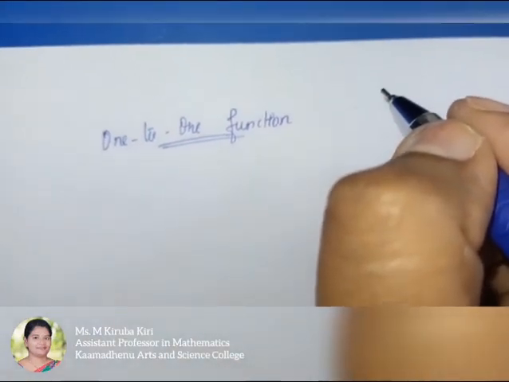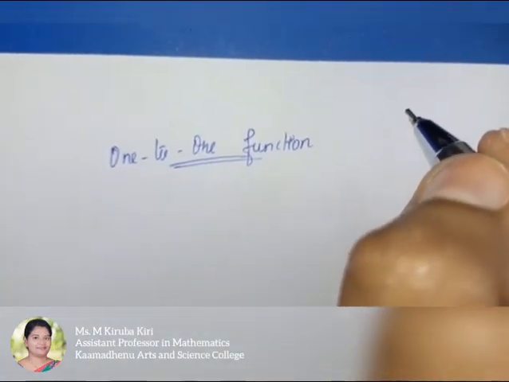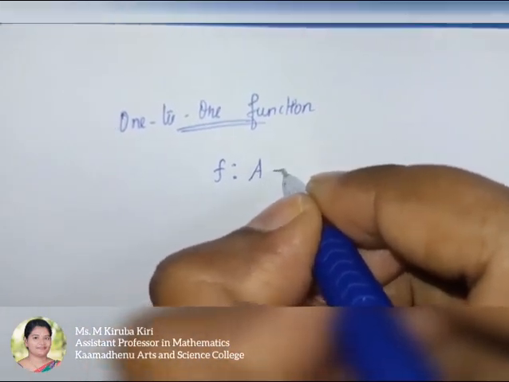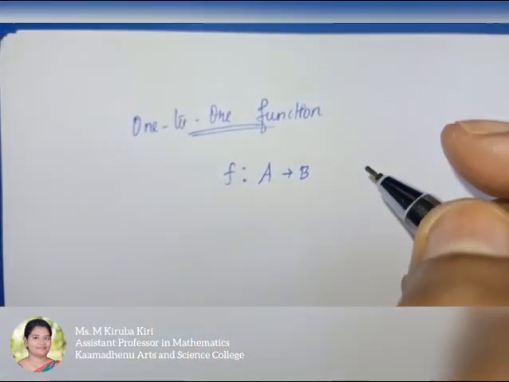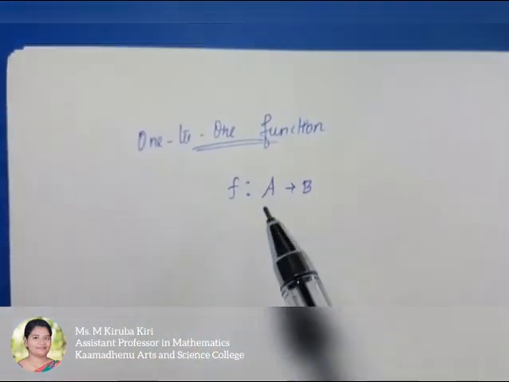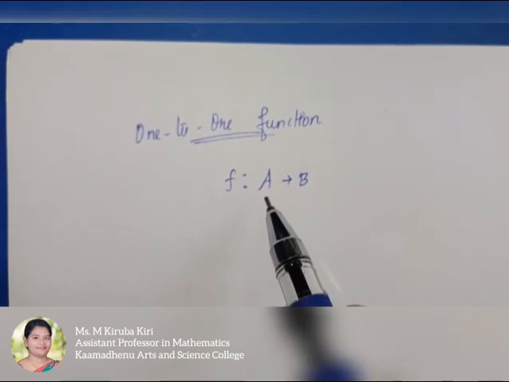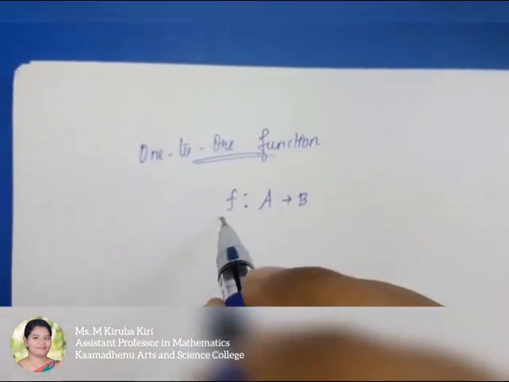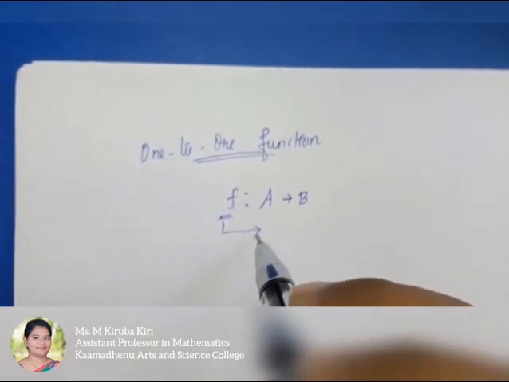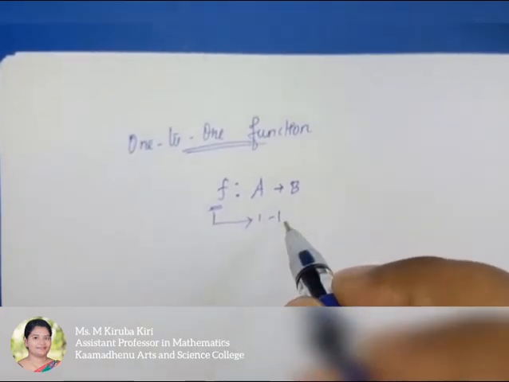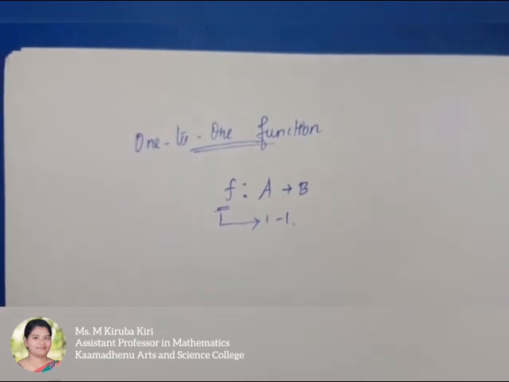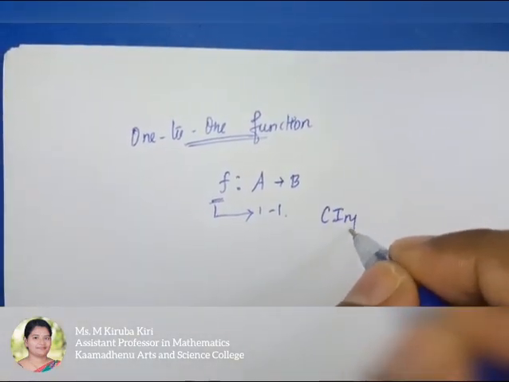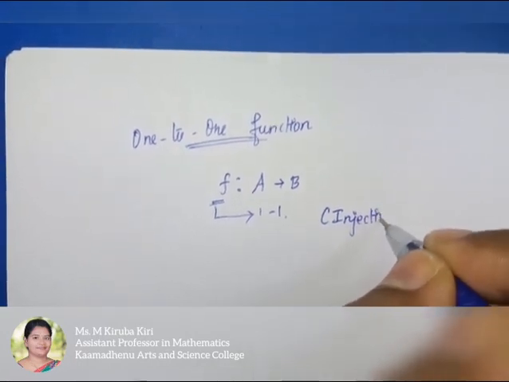A function f mapping from set A to B is called one-to-one if different elements in set A have different images in set B. Then only this f is known as a one-to-one function. A one-to-one function is also known as an injective function.